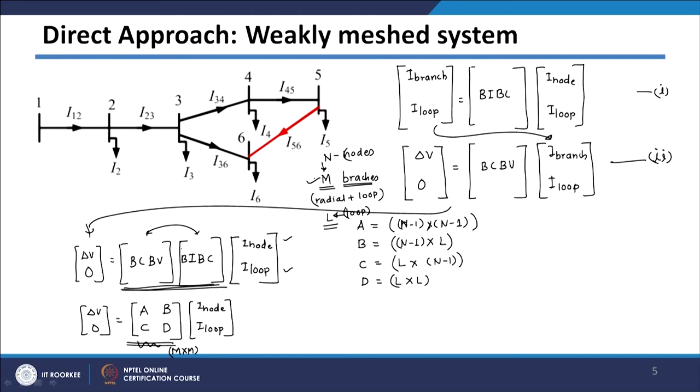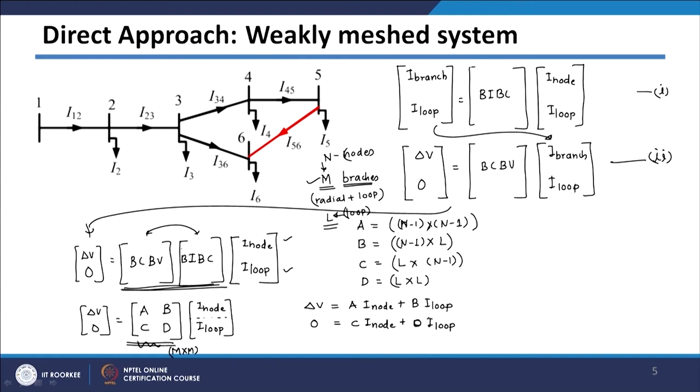Now if you see this equation here, and as I told you, these loop currents are unknown and we want to eliminate them. What we can do is write this equation as two equations. So delta V will be equal to A into I node plus B into I loop, and the second equation, 0 will be equal to C into I node plus D matrix into I loop.